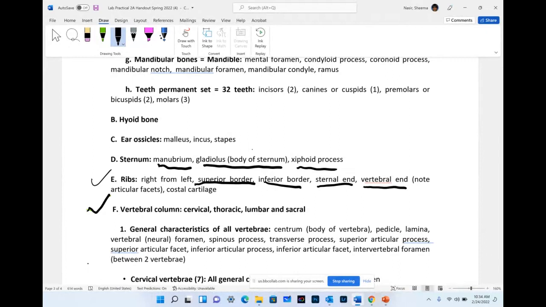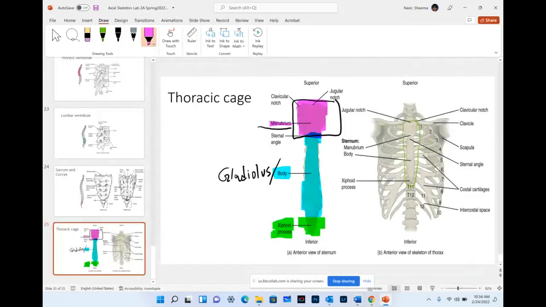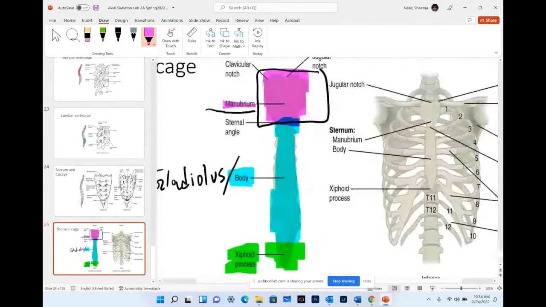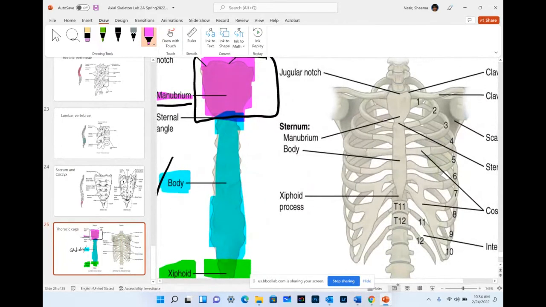Now, before I move to the ribs, the sternum that you have on the campus in the lab, they have costal cartilages attached to it, which means the sternum that you have in the lab is not just the bone that I colored, but it includes the costal cartilage as well.